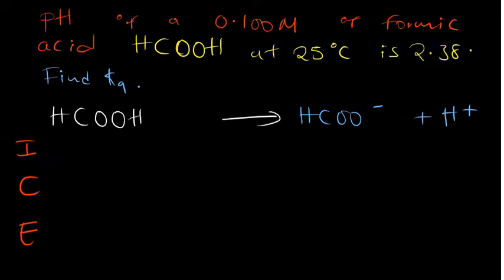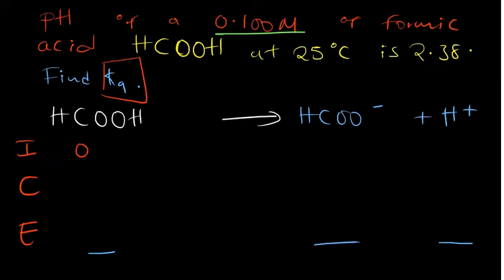Now one thing you know about the K expression is that it's dependent on the equilibrium concentrations. If you look at the question itself, at the start the concentration of the acid was given to be 0.1.